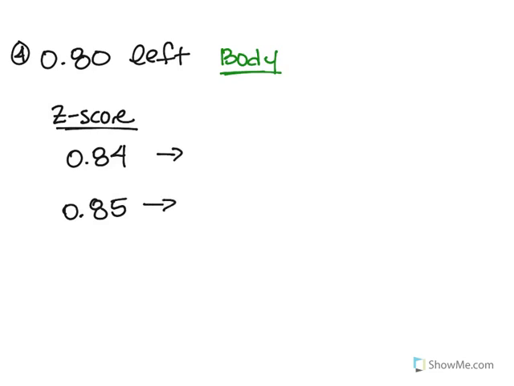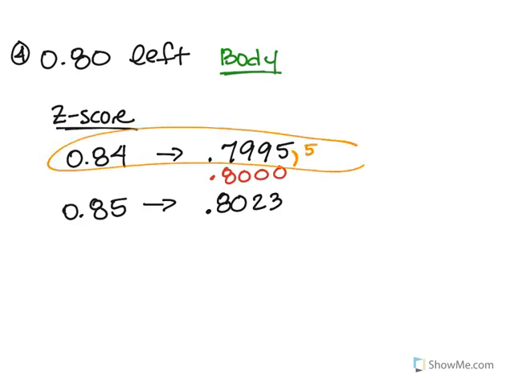At 0.84, you have 0.7995, and at 0.85, we have 0.8023. So obviously, 0.8 is going to be closer to who? 0.84. That's just a 5 number difference versus 23. Very good.